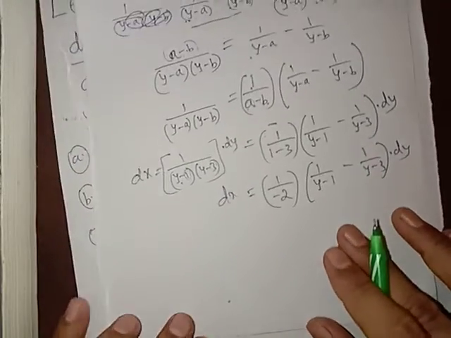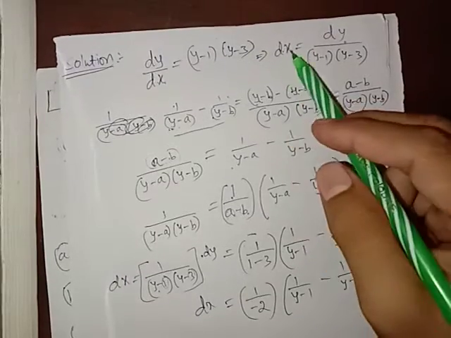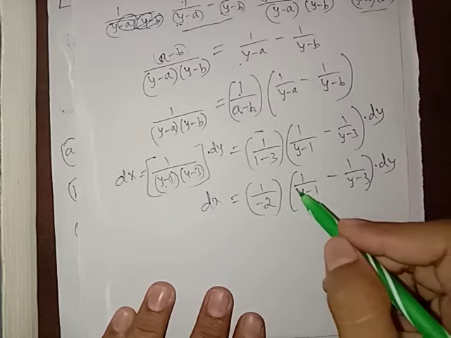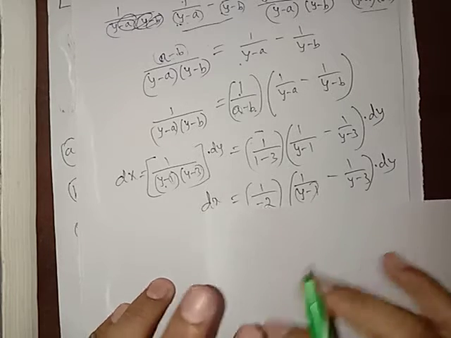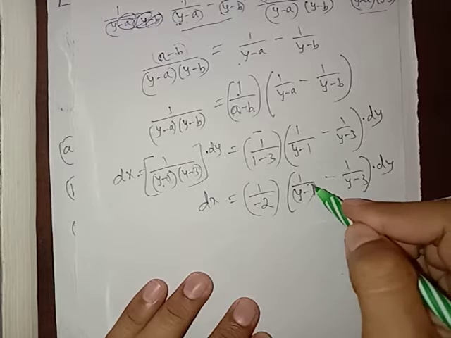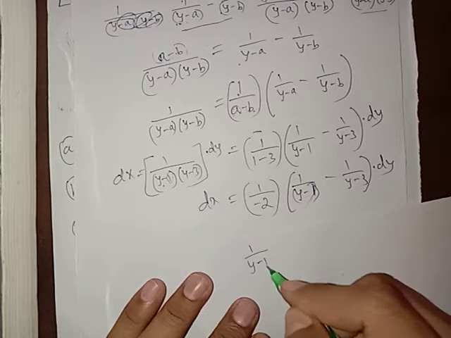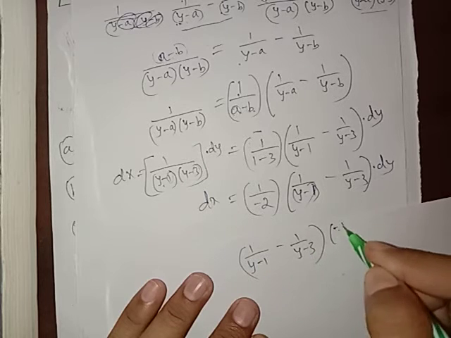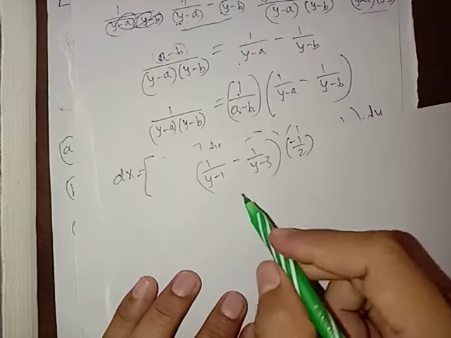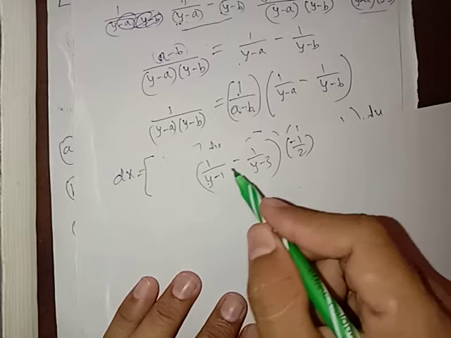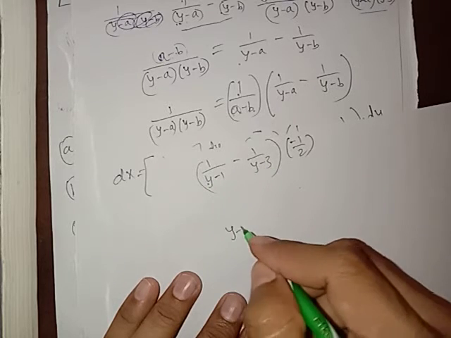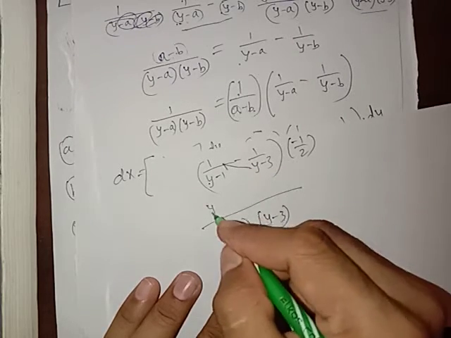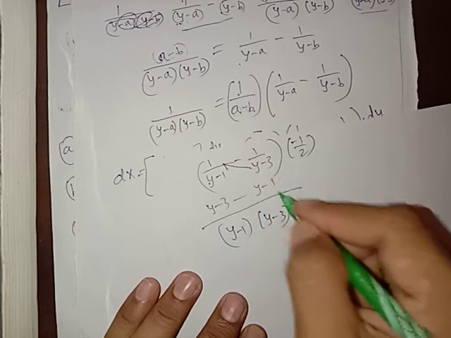Now we can write this equation in this type. We can check it by cross multiplying: 1 divided by y minus 1 minus 1 divided by y minus 3, into minus 1 divided by 2. If we recheck it, multiplying by y minus 1 into y minus 3, we get y minus 3 minus y minus 1.